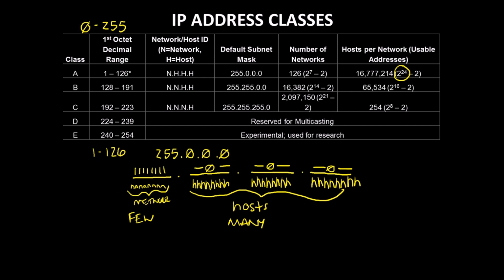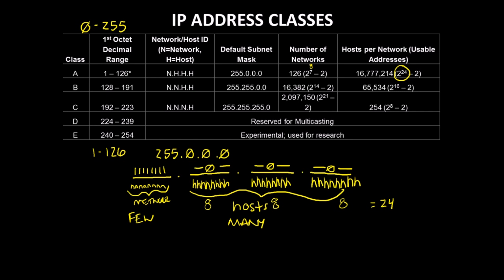So you might ask yourself, where do we get this 2 to the 24 number? Well, remember, there are 8 bits here, 8 bits here, and 8 bits here, and 8 times 3 is 24. And you might be asking yourself, well, then why, if I have 8 bits here, do I not see 2 to the 8th here?